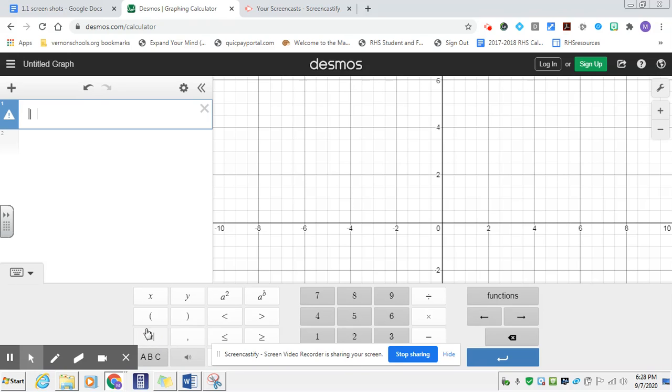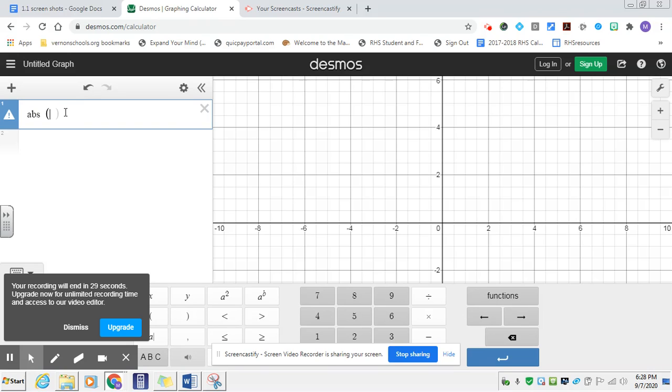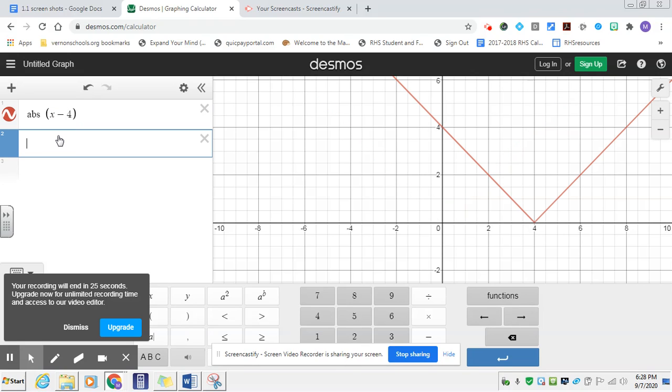But if you didn't see that absolute value was right there, you could write "absolute" and then it does it for you. So this would be x minus 4, and I'm going to show you how it's the same thing. You hit the absolute value down here and do x minus 4. So even when you can't see things in Desmos, it does it for you, which is really nice.